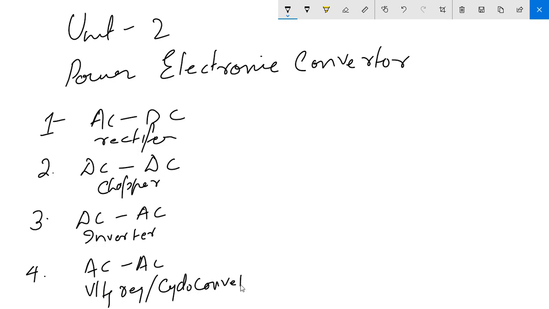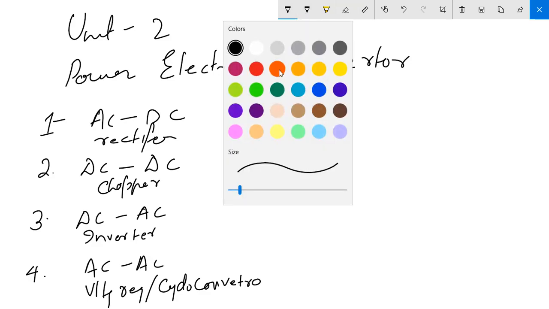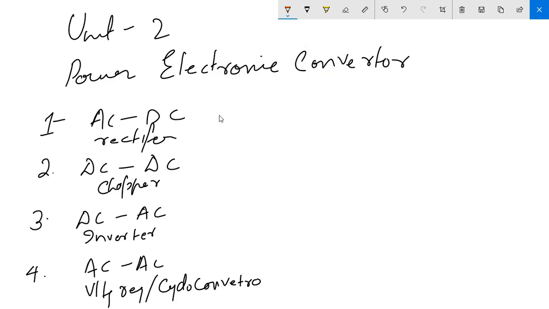So basically what we are doing here is a conversion. AC has an RMS value of voltage and current, but its average value of V and I will be equal to 0.